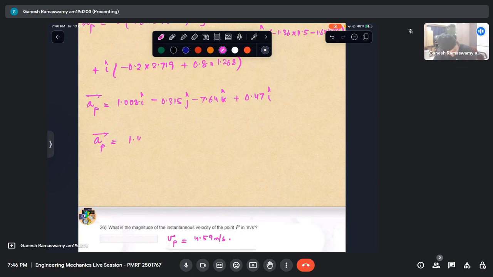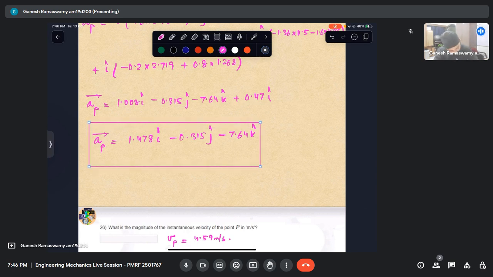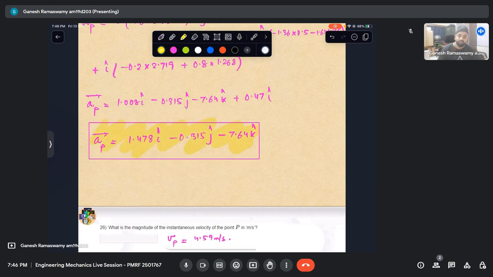minus 0.31 minus 0.315 J minus 7.64 K cap. So this is the acceleration of this point P. Now we saw that it becomes a little messy when we do cross products of three-dimensional vectors, but nonetheless it is required for our analysis.